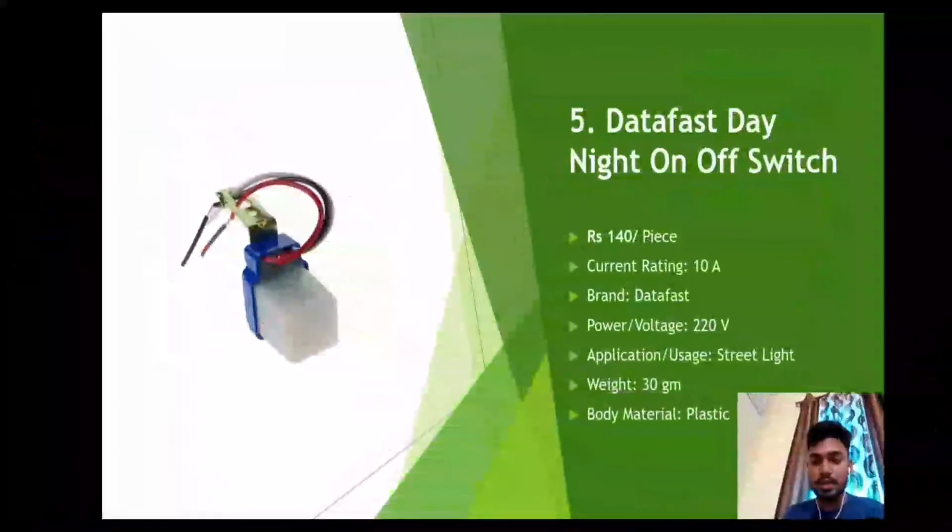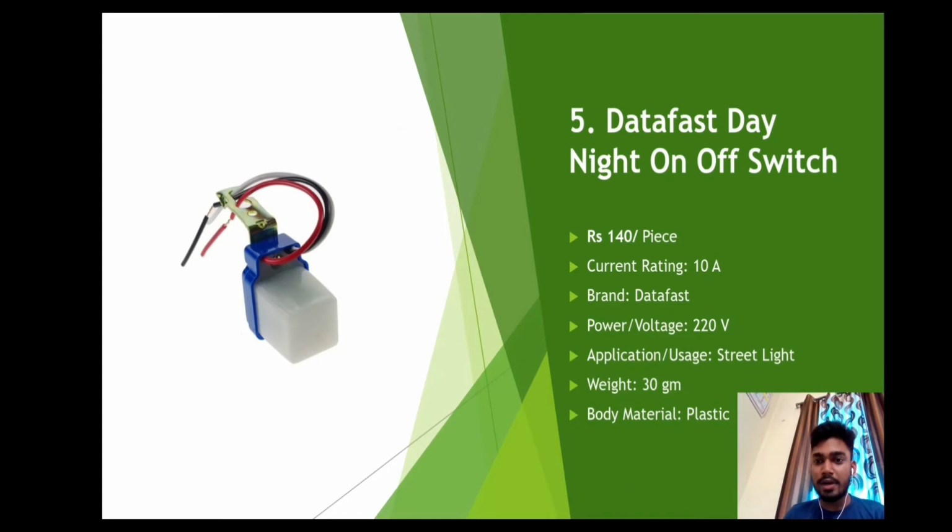Moving towards the next slide, there is the Data Fast day night on off switch. The price of this sensor is 140 rupees per piece. The current rating is very high, 10 ampere can flow through it.